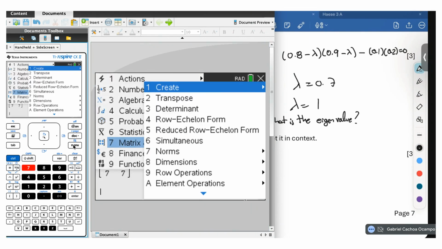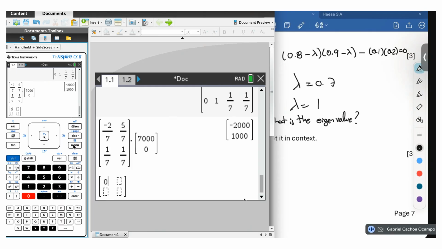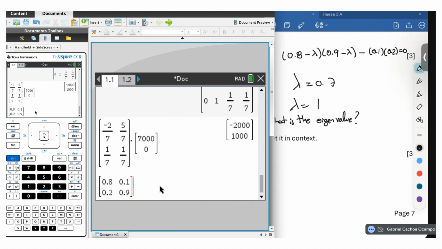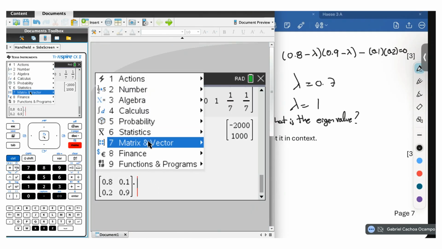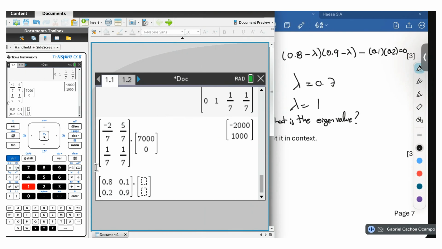I am going to create my matrix, that is 0.8, 0.2, and I am going to multiply it by the given eigenvector, so this is negative 1, 1.